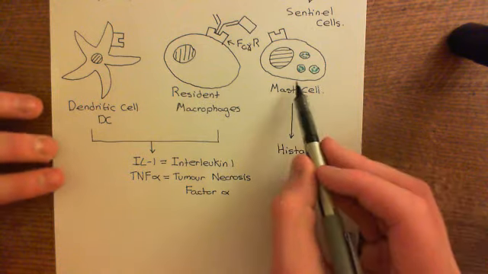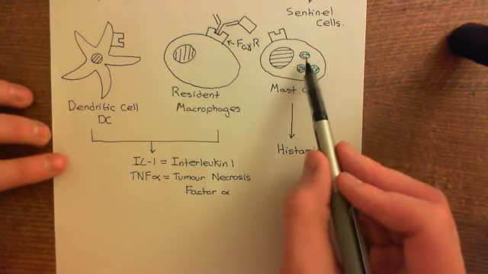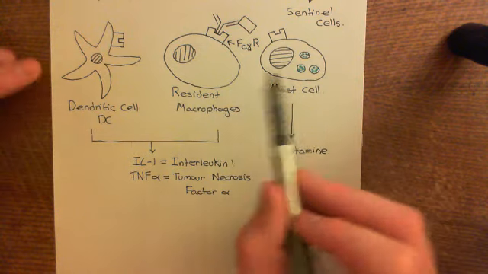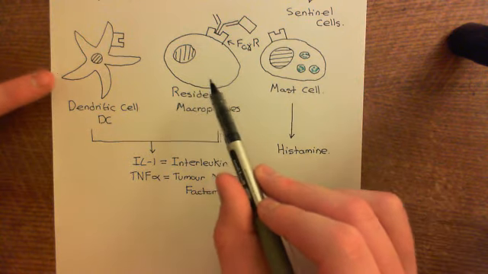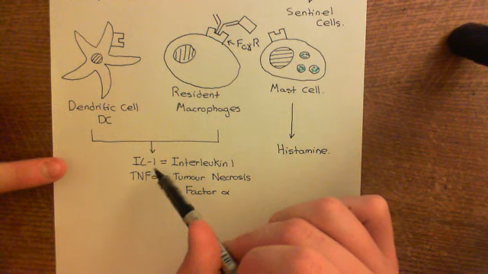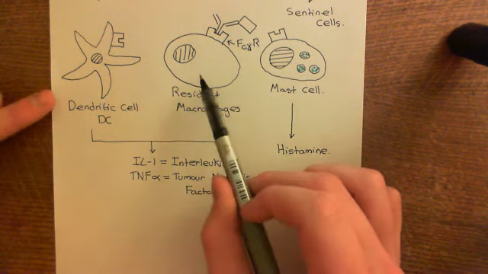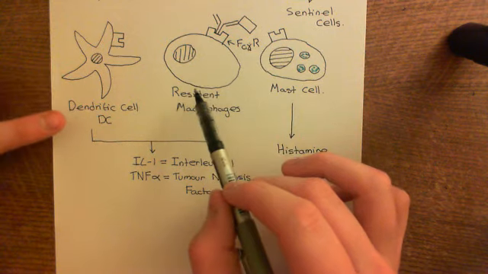Now, note the time difference. The mast cells only have to exocytose vesicles that are already full of histamine. The dendritic cells and resident macrophages have to synthesize interleukin 1 and tumor necrosis factor alpha from scratch. They're proteins, so that's going to take time.